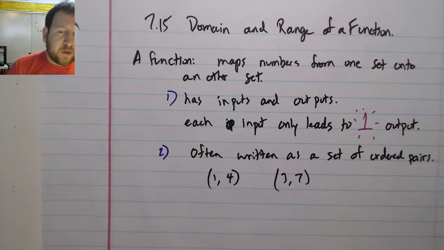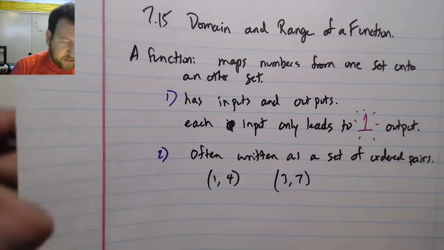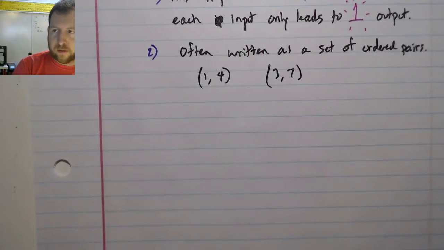But while we see a function as an ordered pair, it often looks like this instead.